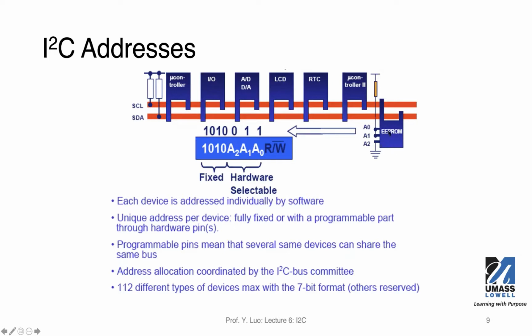Now, this EEPROM, as you can see, has these SCL and SDA connected to it. So these are the two wires required for the I2C bus. In addition, we have a few extra pins that are specific to this EEPROM. We have A2, A1, and A0.